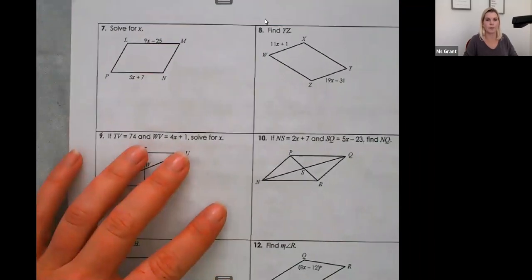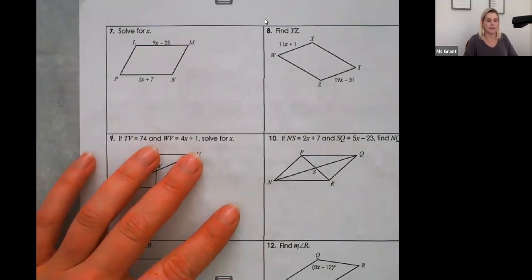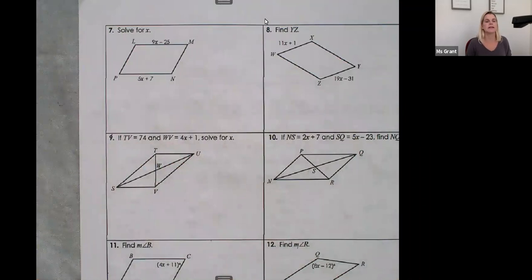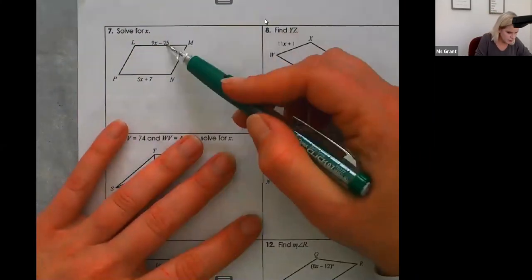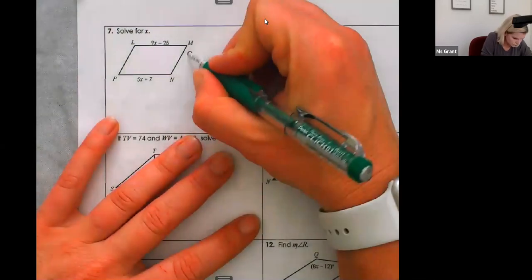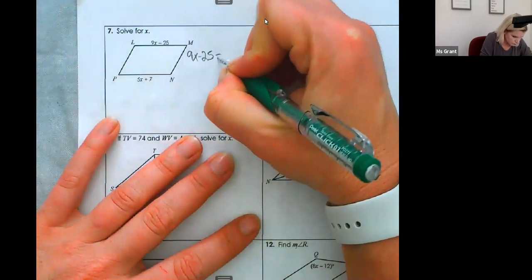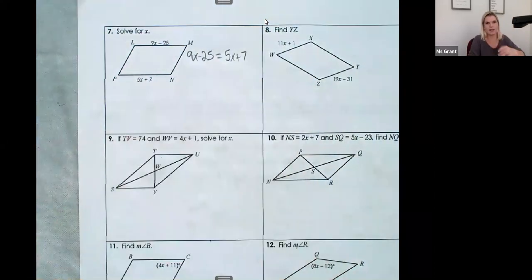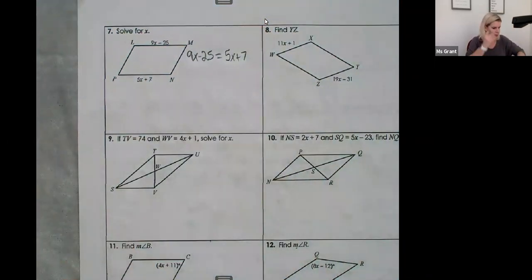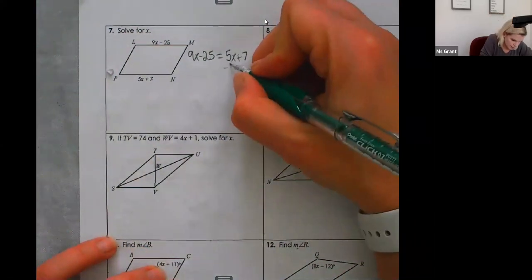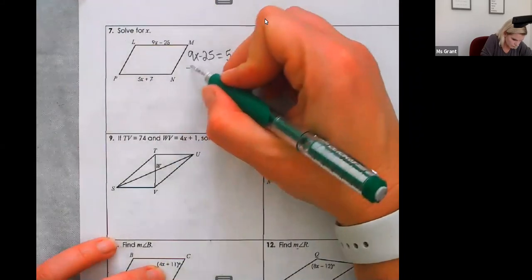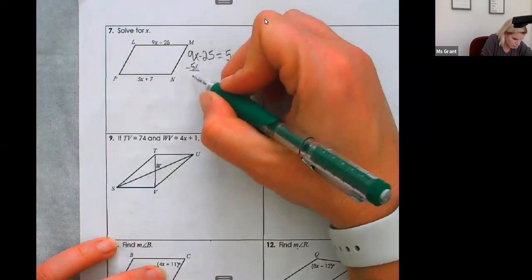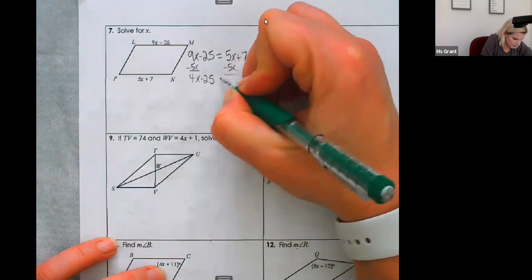Okay. On number 7, opposite sides are congruent, which means that 9x minus 25 is equal to 5x plus 7. And then you just solve for x. That's easy, right? Subtract 5x. 4x minus 25 equals 7.